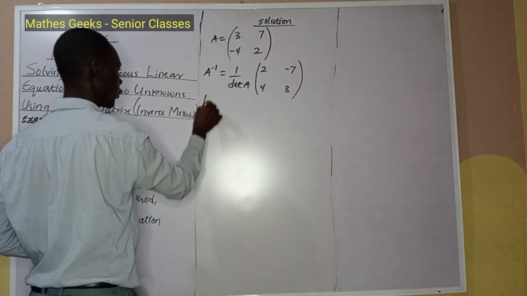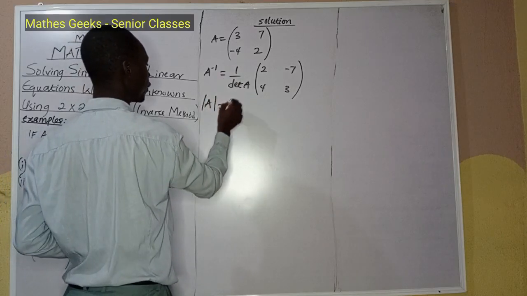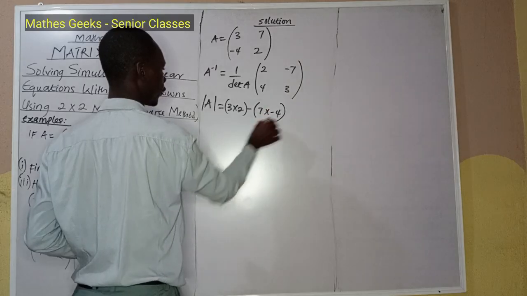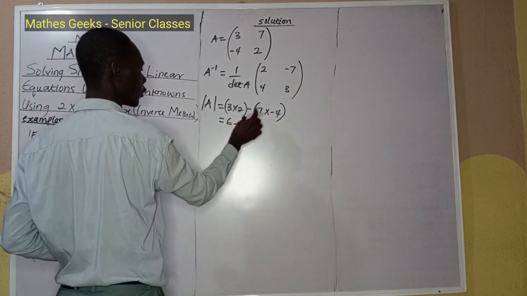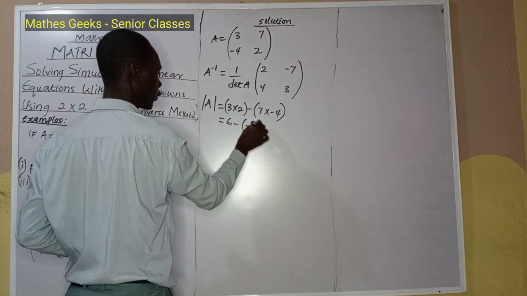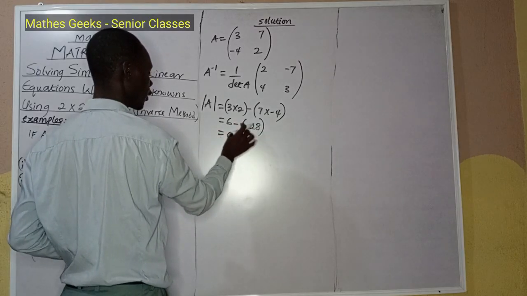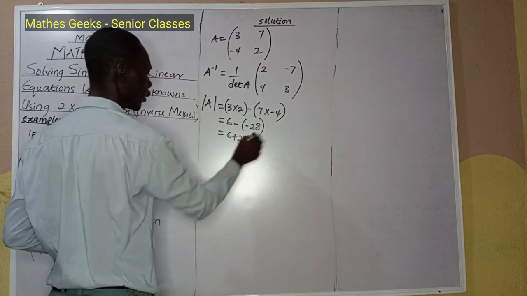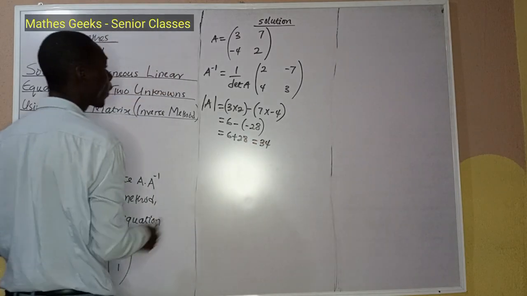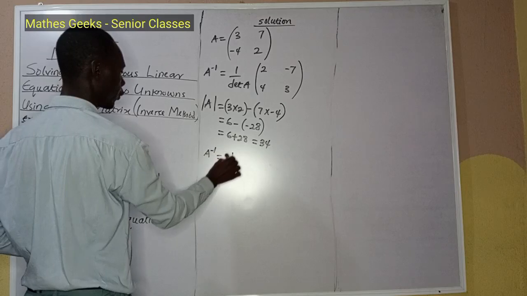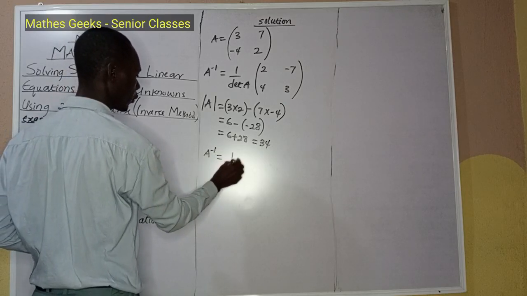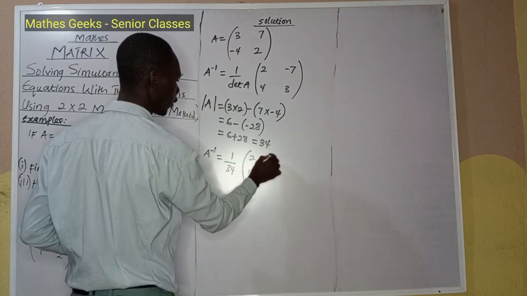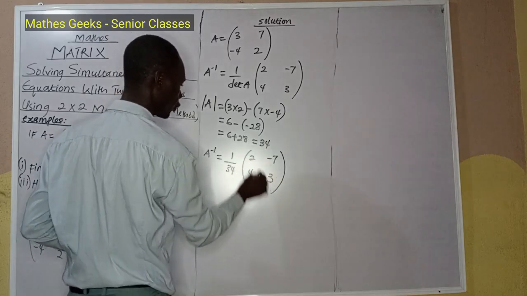The determinant of A is 3 times 2 minus 7 times -4. 7 times -4 is -28, and 6 minus -28 is 6 plus 28, which gives us 34. So A inverse is equal to 1 over 34 times [2, 4; -7, 3].